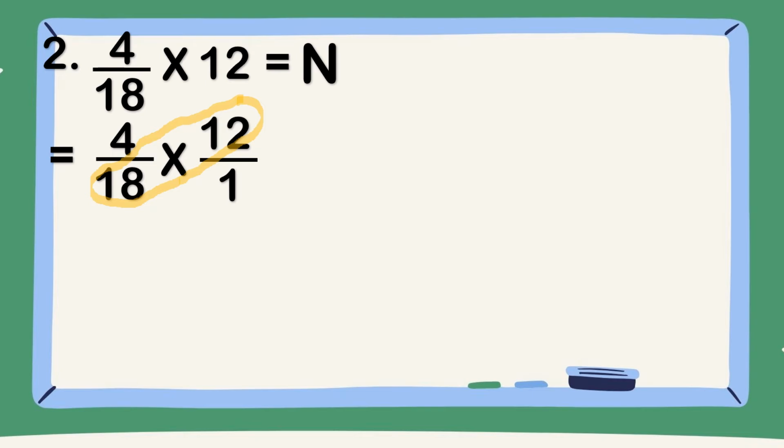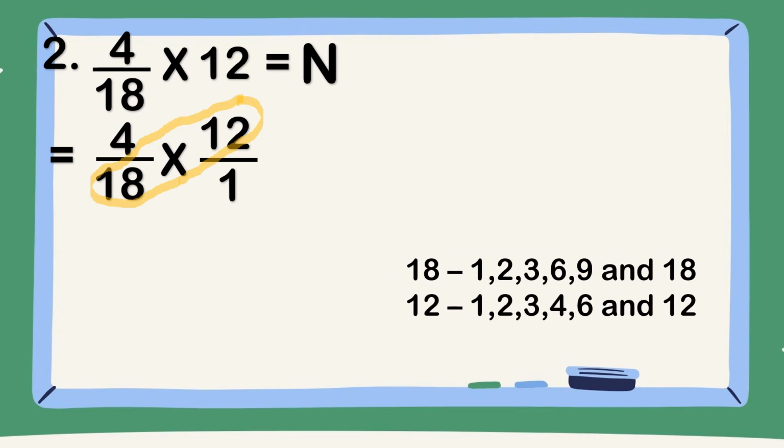Okay, so we are going to find the common factors of 12 and 18. By listing method, the factors of 18 are 1, 2, 3, 6, 9, and 18. And 12 are 1, 2, 3, 4, 6, and 12.